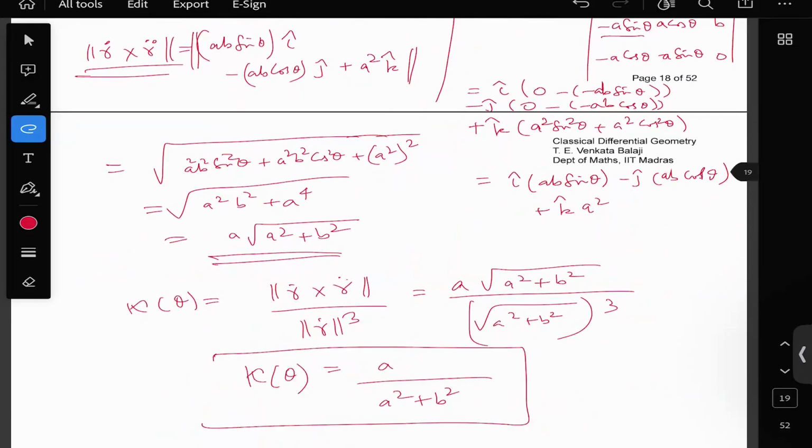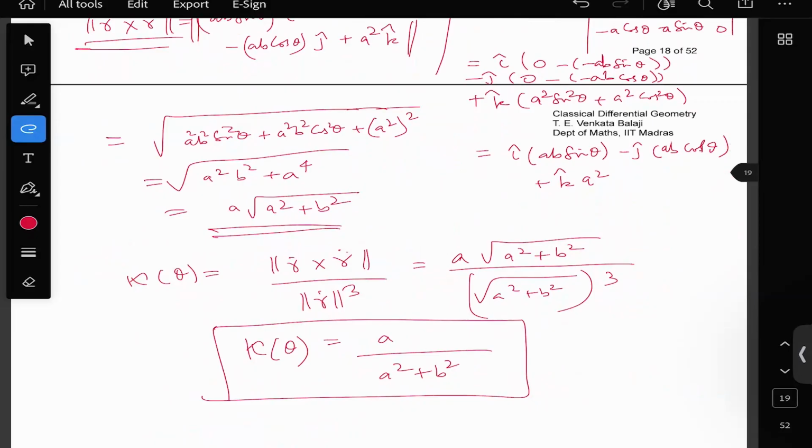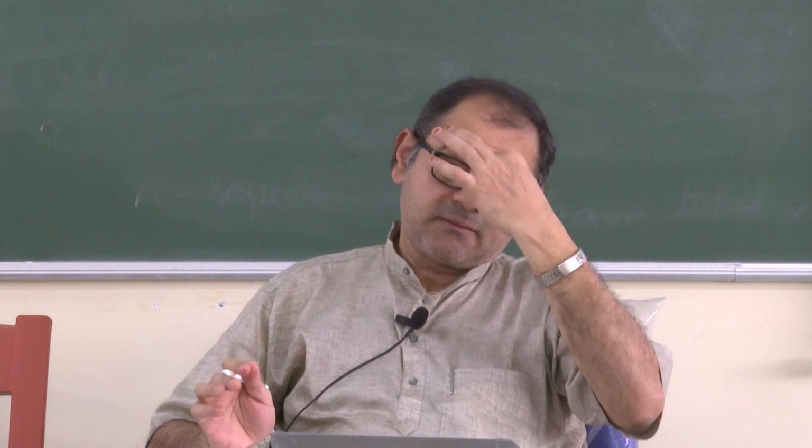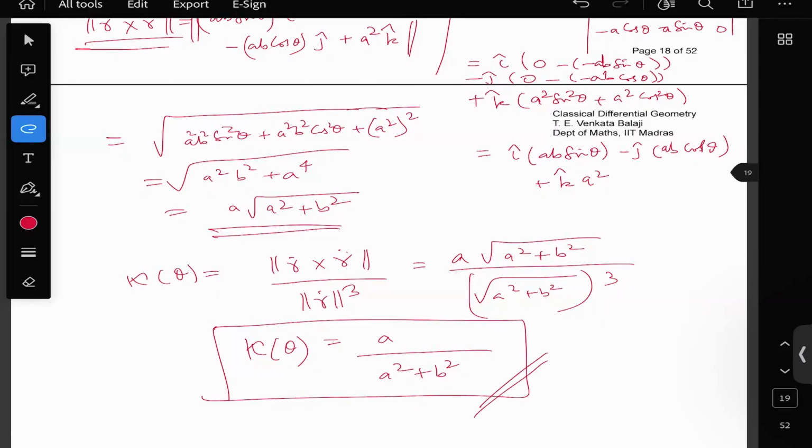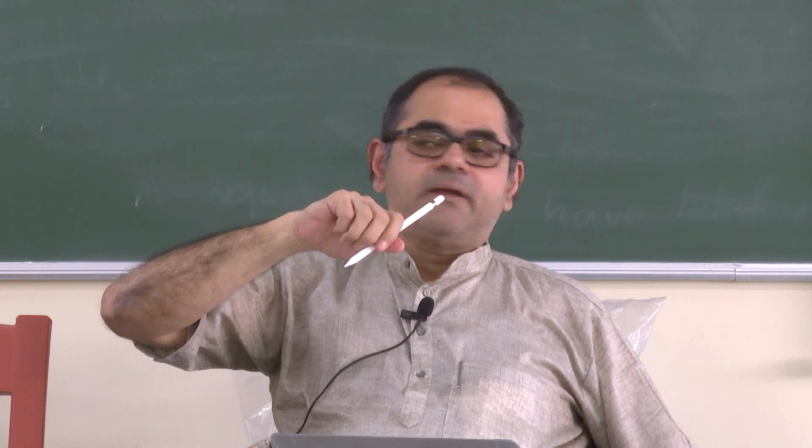Okay, the case when this helix is a circle is when b is 0, and in that case you get a by a squared, which is 1 by a. Because it's just a circle of radius a, the curvature is 1 by a, it agrees. So what you see here is that the helix has constant curvature. And not only that, it's not a plane curve, it also has torsion.